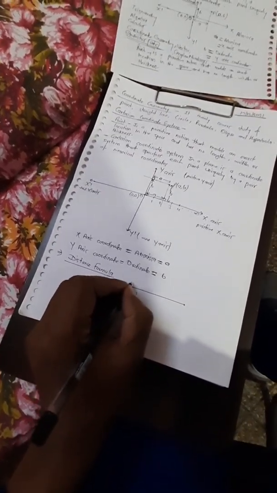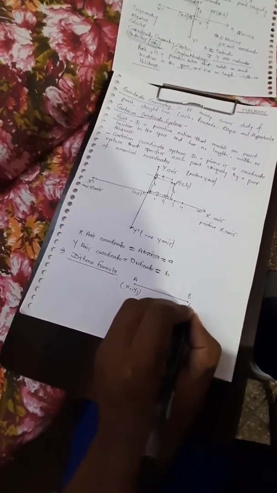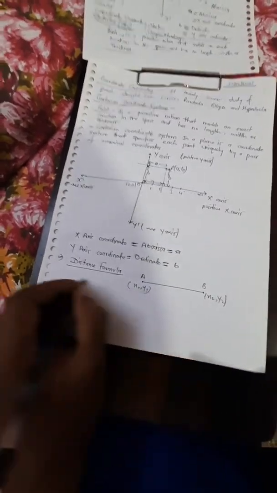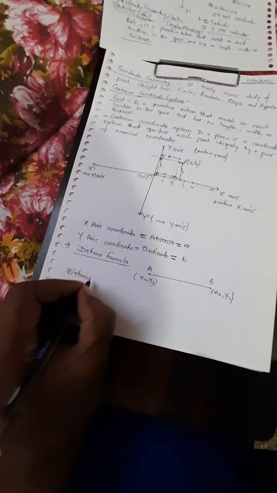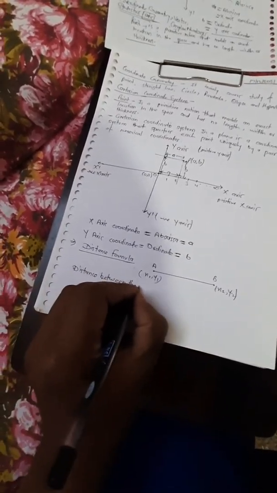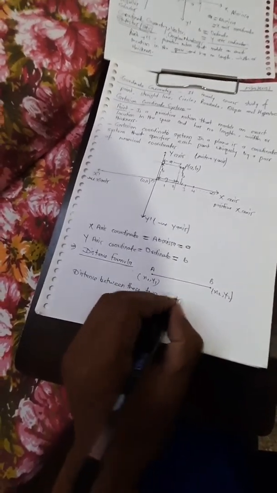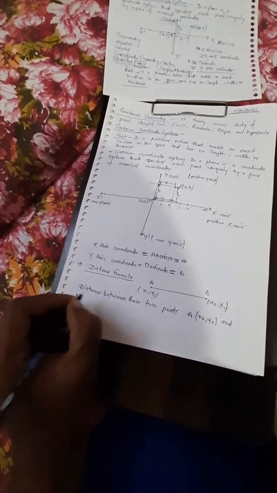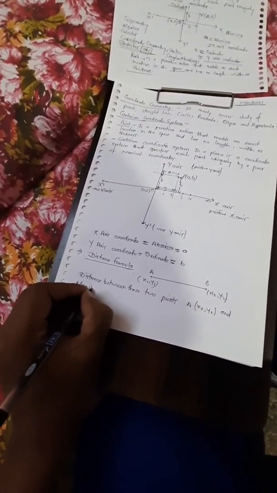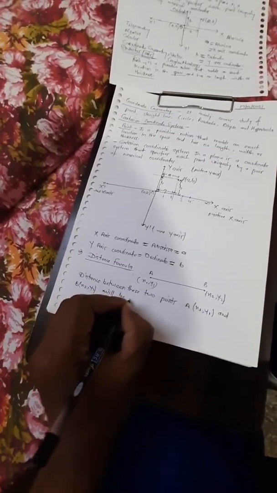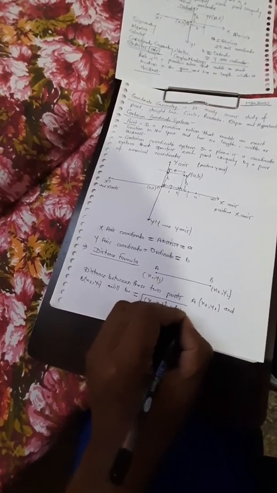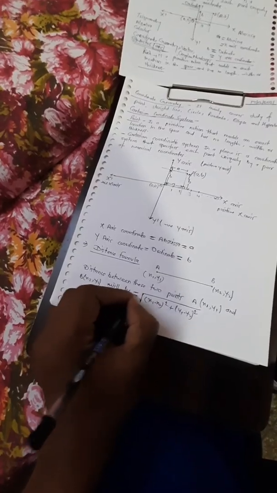If there are 2 points, A at (x1, y1) and B at (x2, y2), the distance between these 2 points will be equal to the square root of (x1 minus x2) whole squared plus (y1 minus y2) whole squared, and this distance is always positive.